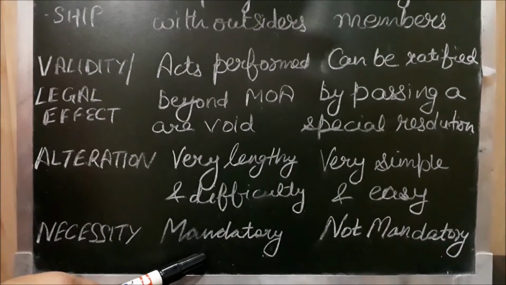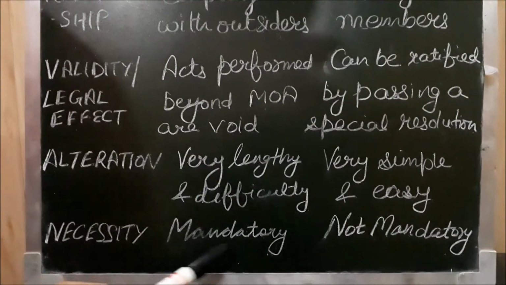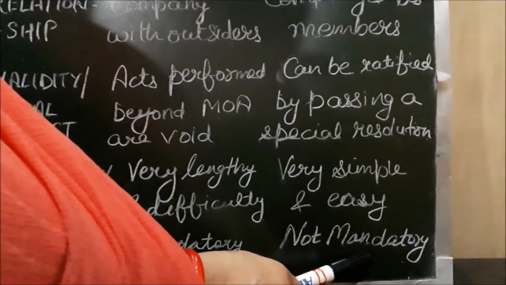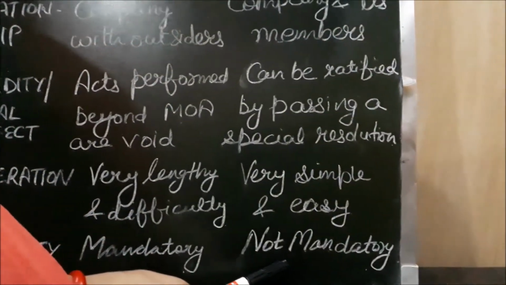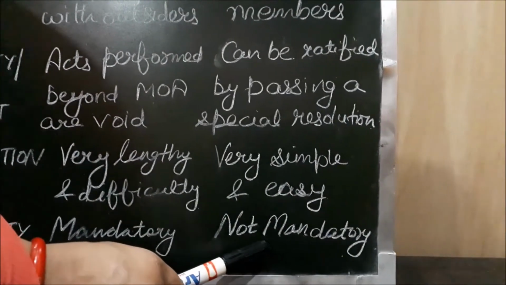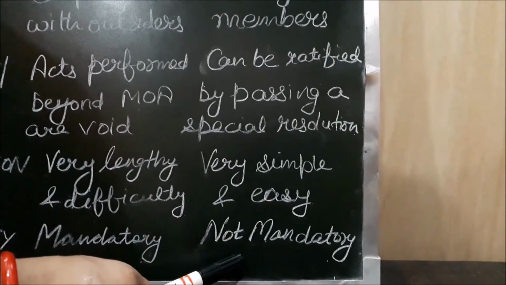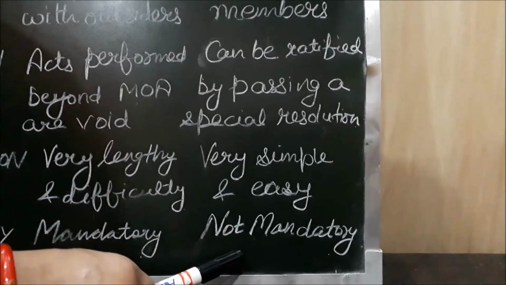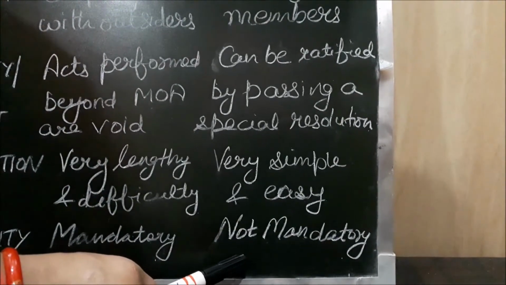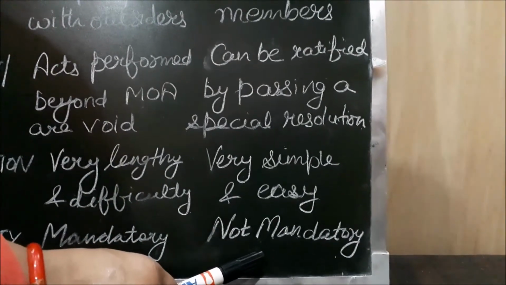Preparation of Memorandum of Association is mandatory, very essential, and preparation of Articles of Association is not mandatory. If any public limited company has not prepared Articles of Association, that company can use Table F of the Company Act. In Table F, general rules and regulations to manage the company are written. So such general rules and regulations can be used by that public limited company.